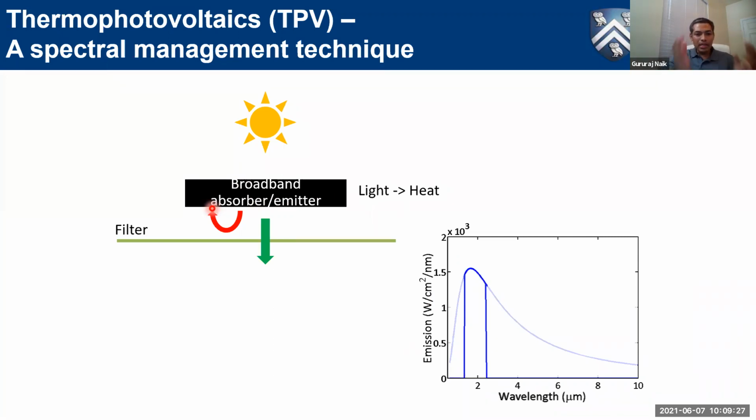So if the energy of the photon doesn't match this pass band, then the energy of the photon would be recycled back into the form of heat and stored as heat. So the only way heat can leave this black body emitter is through photons that fall in the pass band. Okay, so what we did in this process is we took the broad bandwidth of sunlight, so many different photon energies, and then squeezed all of this energy into a small pass band of the filter.